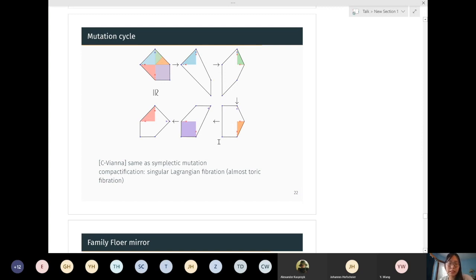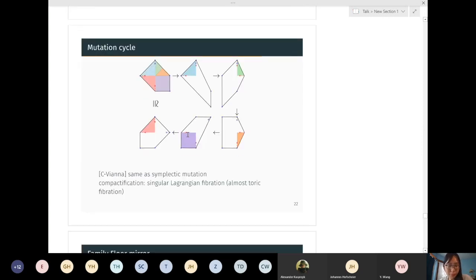He got this Lagrangian compactification, where he adds the singular Lagrangian fibration to this space. So you can see this is something that also appears in the symplectic world as well.